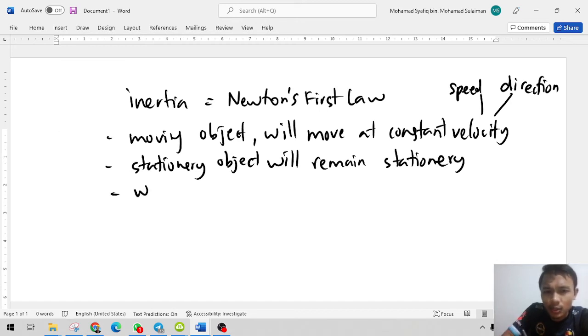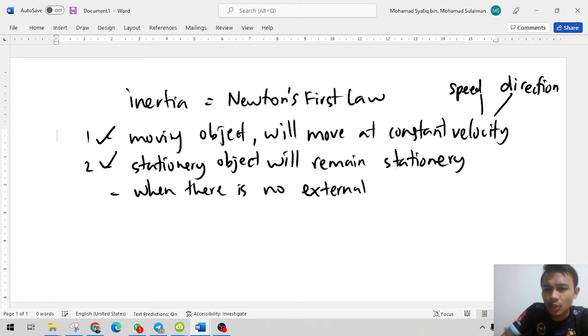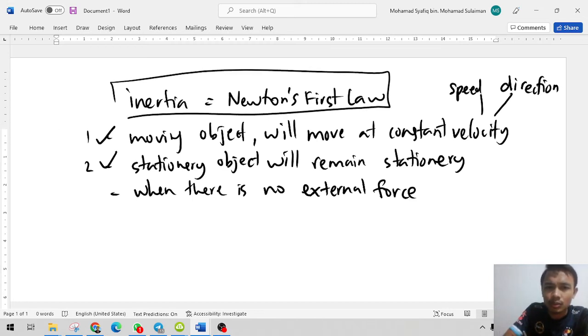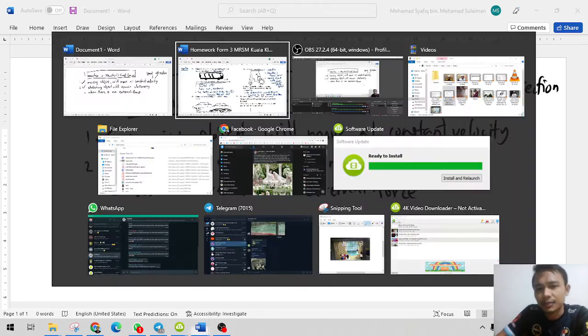So these two will happen when there is no external force. That means no resistance, nobody pushing, or nobody pulling. Okay, no external force. So you need to remember this. You need to memorize this.